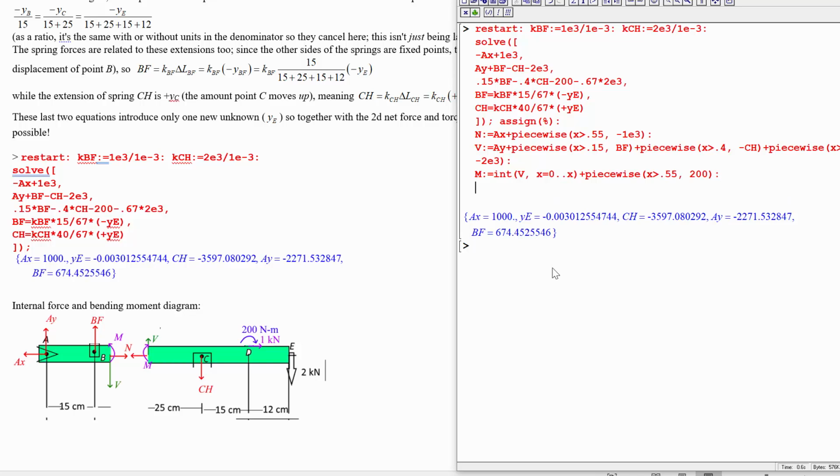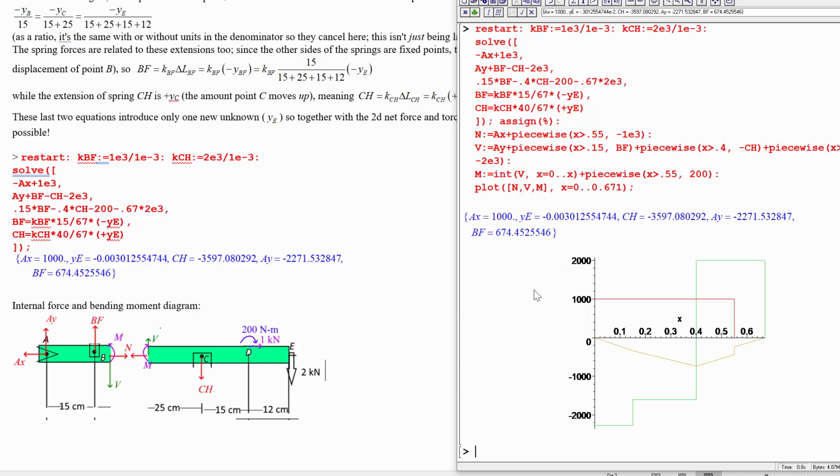Okay, so let's see how this works. Plot N, V, and M from X is 0 to a little bit more than 0.67. Let's go 0.671, just to see that return back to 0 at the end.